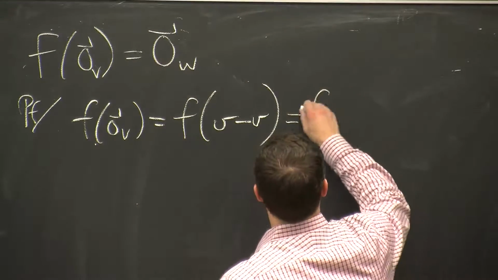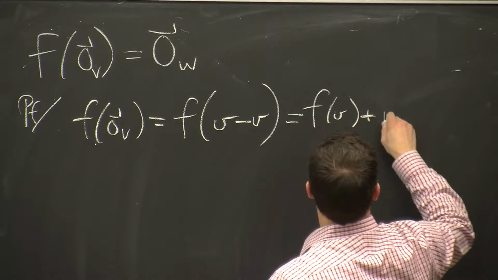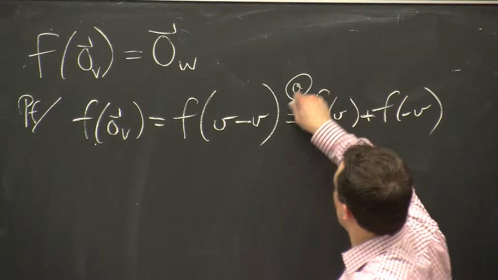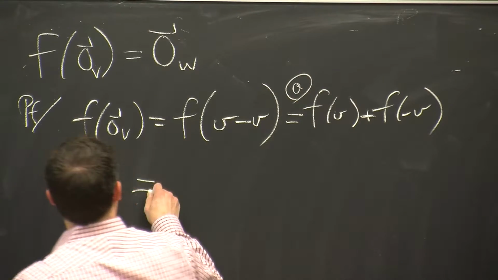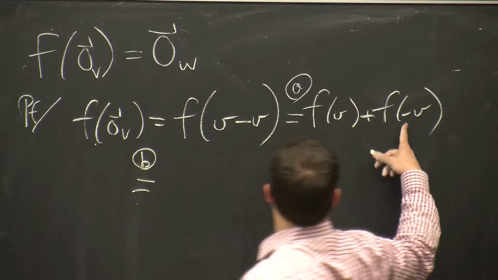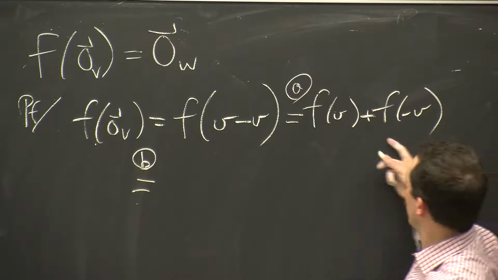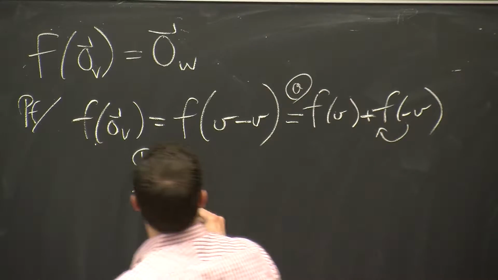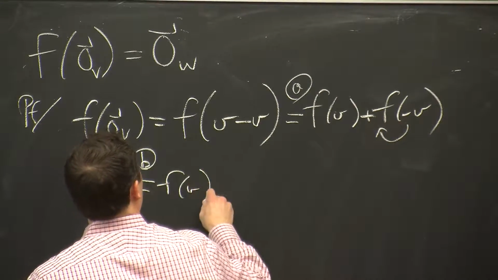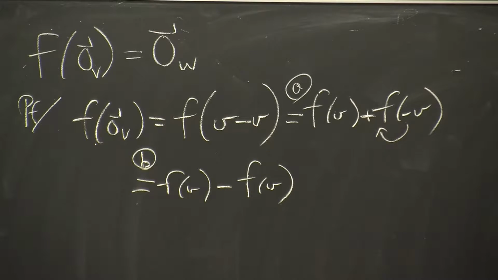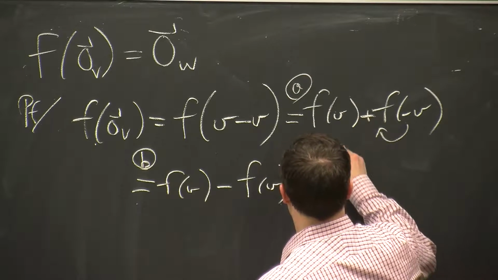And that's equal to f of V plus f of minus V by property A. By property B, I can pull the scalar multiplier minus 1 that's lurking here out to get f of V minus f of V. And then by the additive inverse axiom in W, this is going to have to be equal to 0 in W.